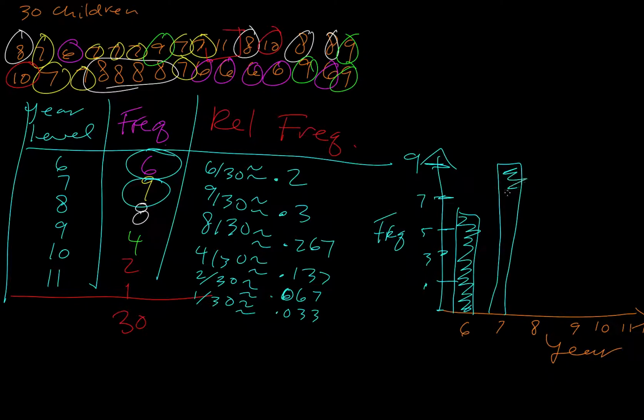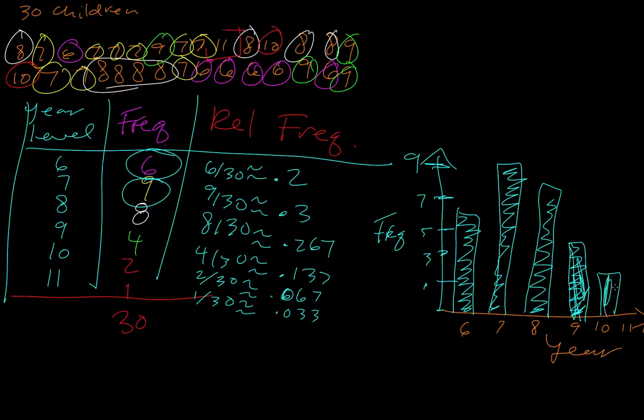Color those in. 8 should be 8 tall. 9 should be 4 tall. 10 is 2 tall. 11 is 1 tall. Okay, so our graph should look a little bit like that. Obviously the book draws it a little bit better than I do.